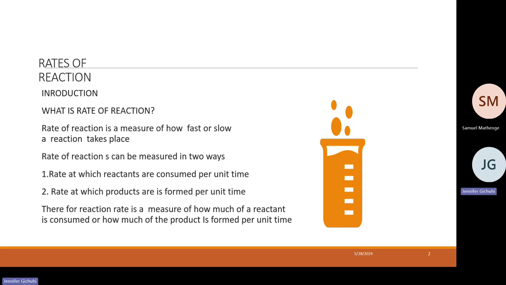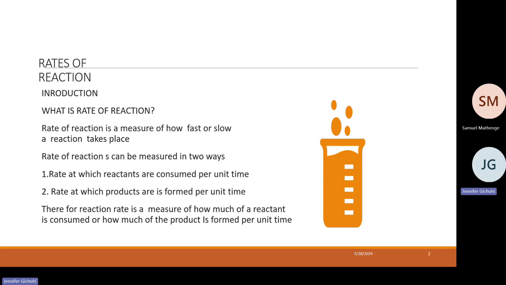And that is where we are saying we can measure the rate of a reaction by checking the rate at which the reactants are consumed, or we can check the rate of reaction by the measure of how the products are formed per unit time.